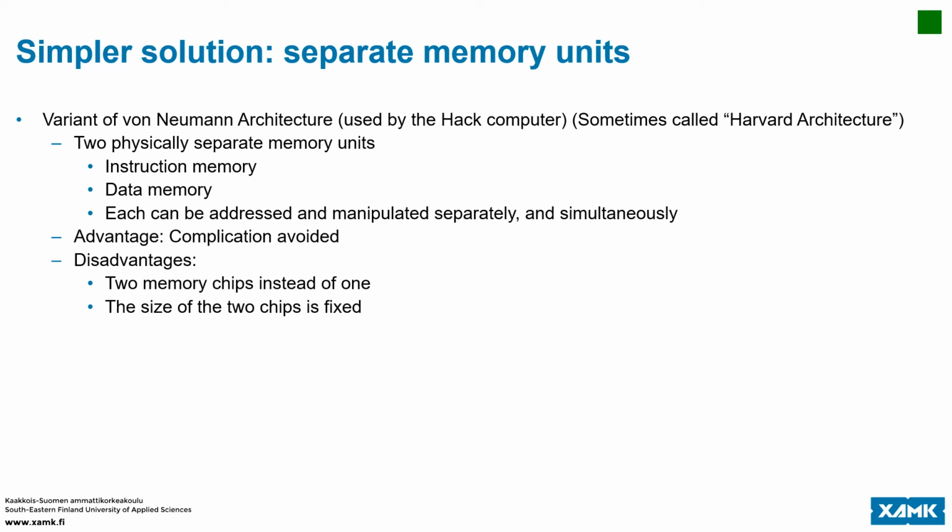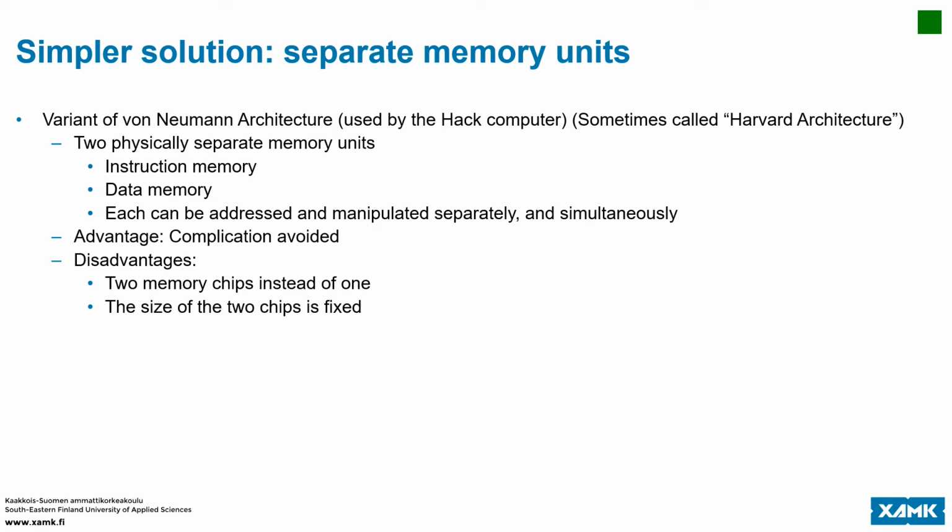The multiplexer and instruction register is a practical and very fast and the more commonly used solution to the problem. There is another simpler solution, which is basically to separate the memory units, separate data and program instruction memory units.